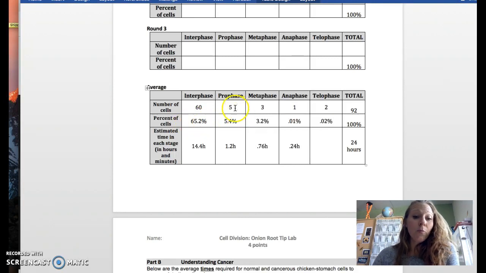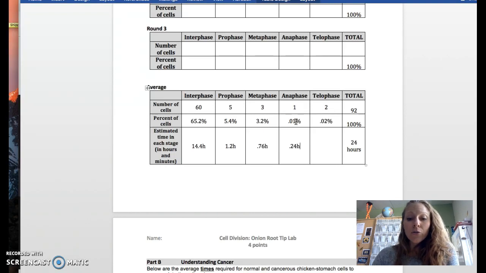Prophase is, so if we put 5 divided by 92, that means that our cell is in prophase 5.4% of the time. Why don't you guys take it to the 100th place, just because the percents get pretty small for ana and telophase.